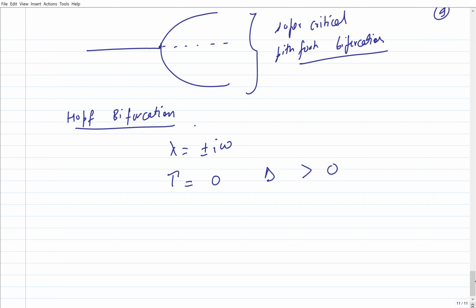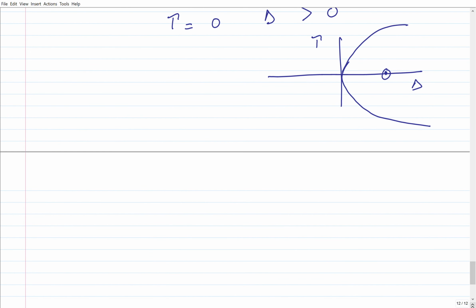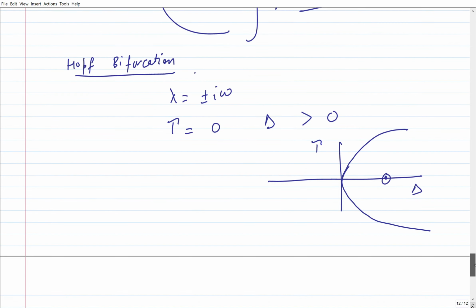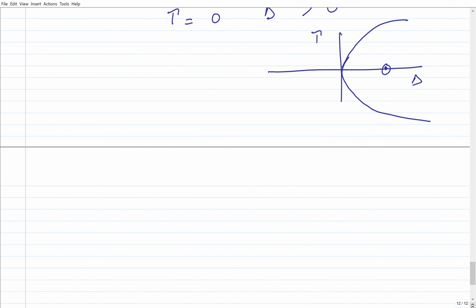So essentially, in my trace-determinant axis it is somewhere here, somewhere on the center. So again, there can be supercritical Hopf bifurcations, there can be other kinds of Hopf bifurcation.